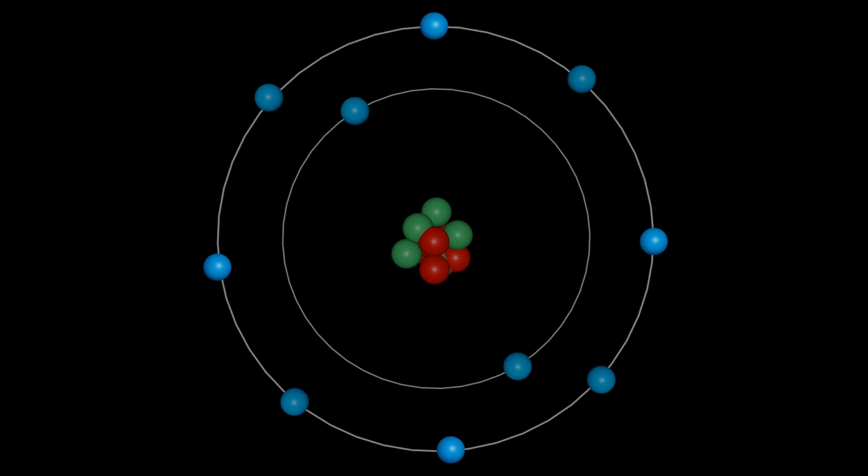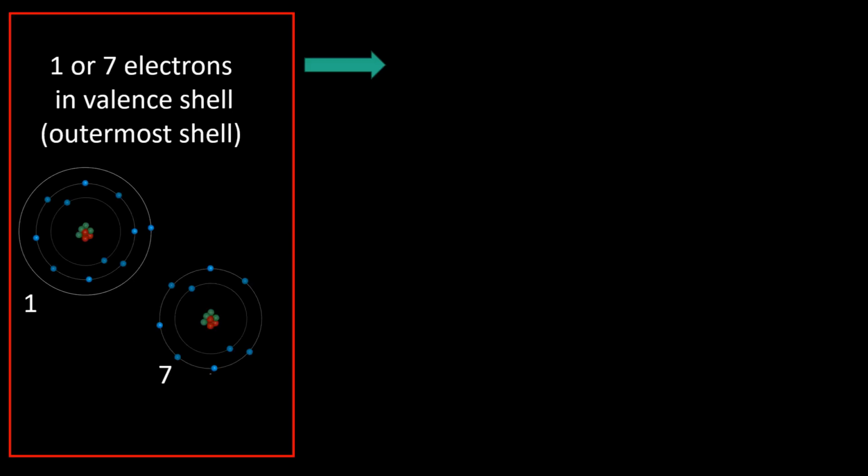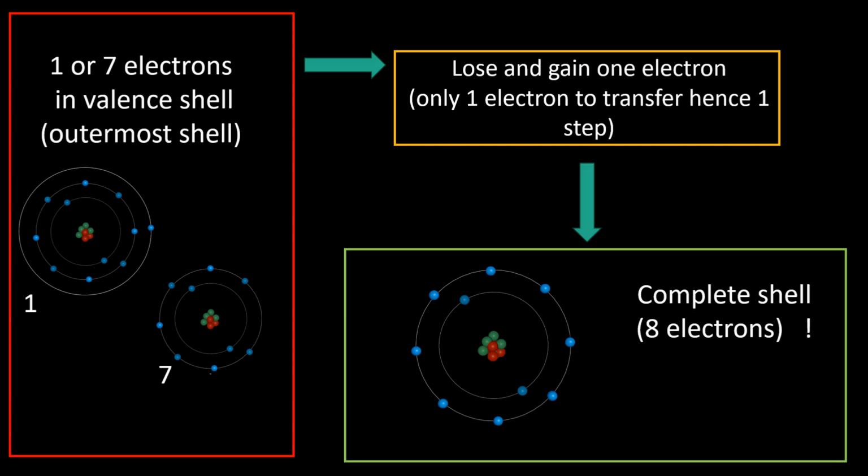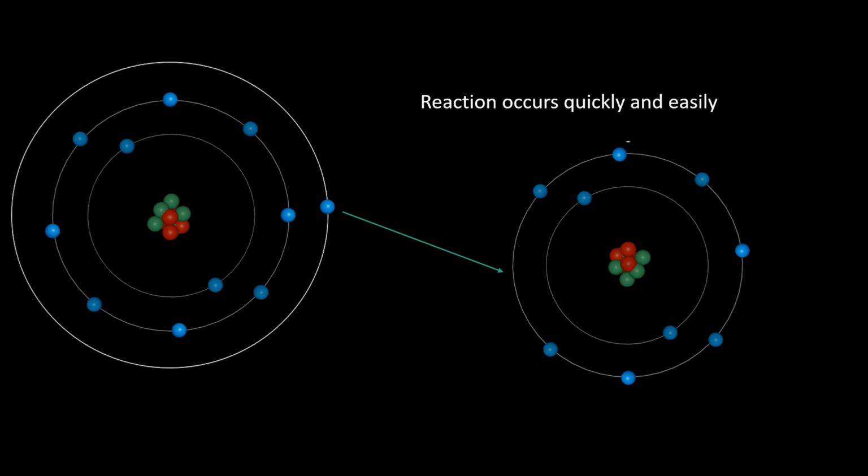But what happens when an atom has 1 or 7 electrons? Well, now we start on reactivity. If an atom's valence shell has 1 or 7 electrons, it is only one step away from stability, as it can gain 1 electron or lose 1 electron to have a complete shell. Since losing or gaining 1 electron is easy to do, the atom reacts quickly.